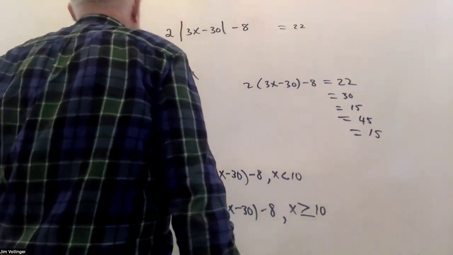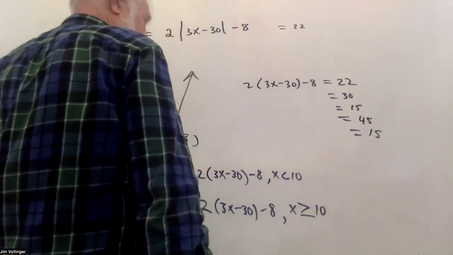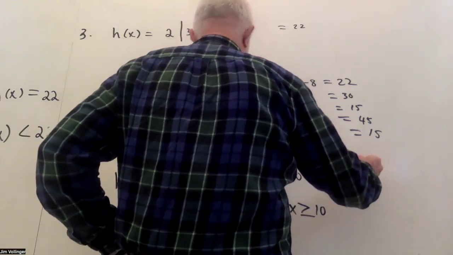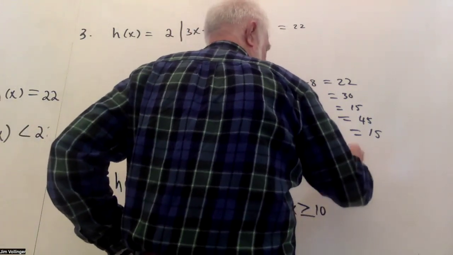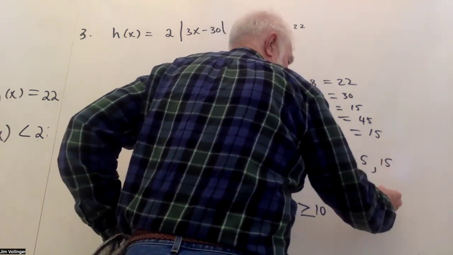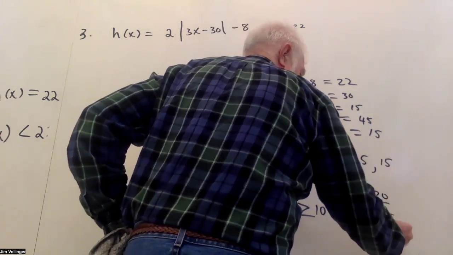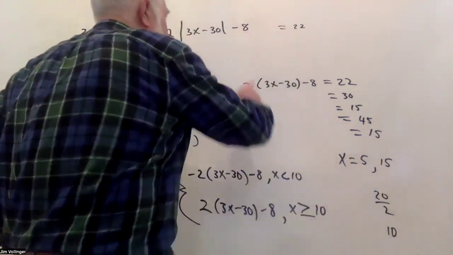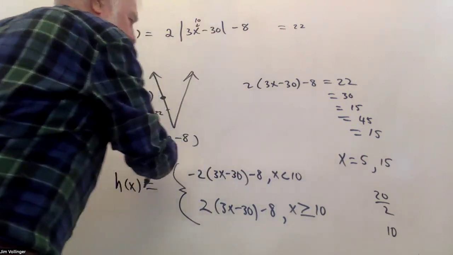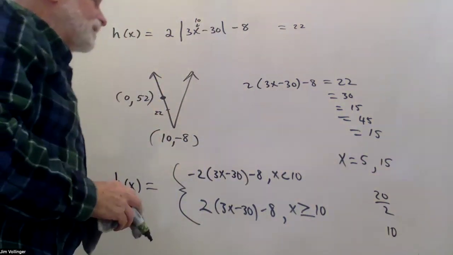I didn't write my answer down last time. Oh, God almighty. Yeah, brain got tired. All right, so I think it was 15 and 5. X equals 5 and 15. Of course, if I add those up, I get 20, divided by 2, which is the number 10. Geez, I wonder if the number 10 has significance here. I guess it does. So I didn't make any mistakes.